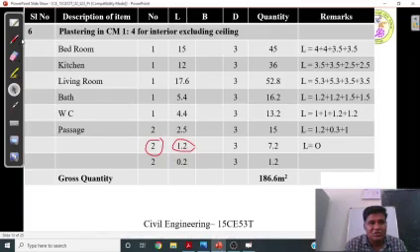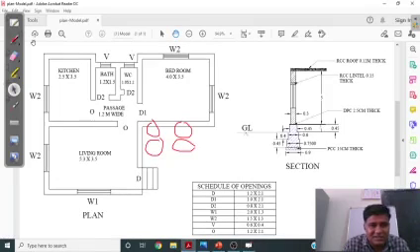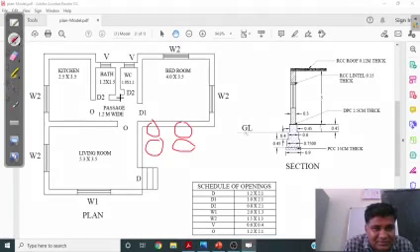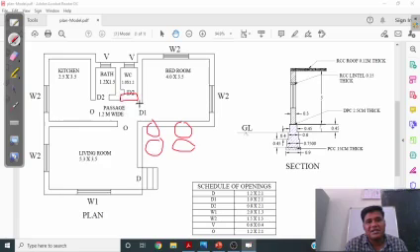So 2 into 2.5, and there is one small rectangle, this rectangle, that is 0.2 meters in length.